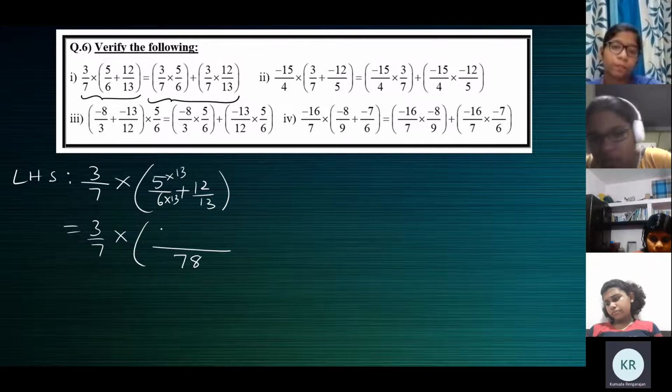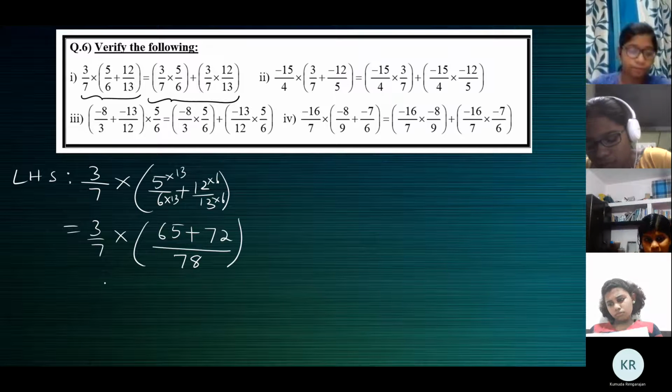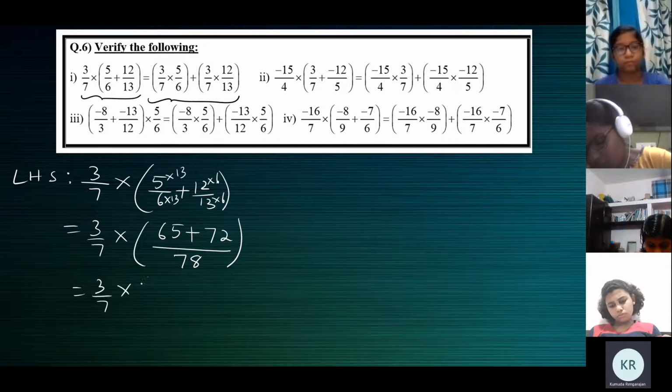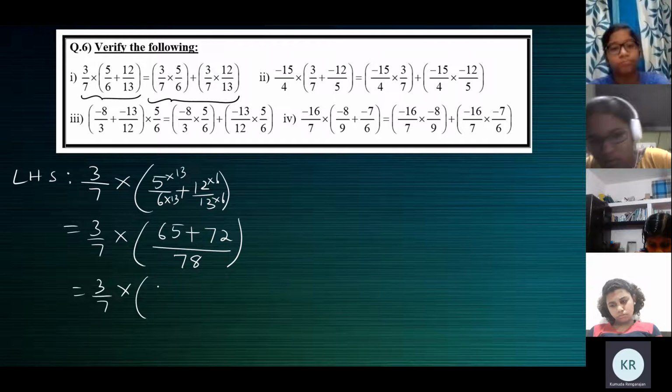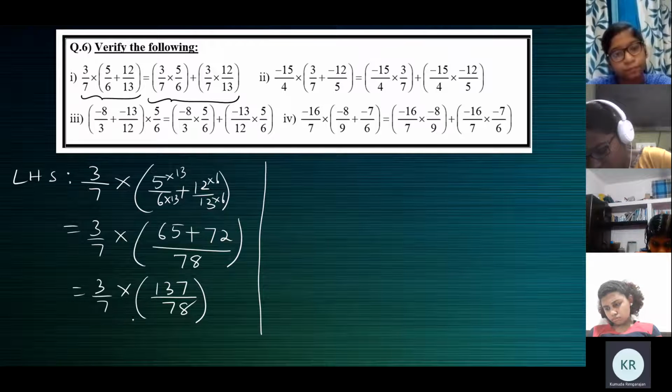So 5 13s are 65 plus 13 6s are, so 12 into 6, 12 6s are 72, is equal to 3 by 7 into, what do you get on adding? 137. 137 by 78. Okay, so now this is nothing but a product of two rational numbers.